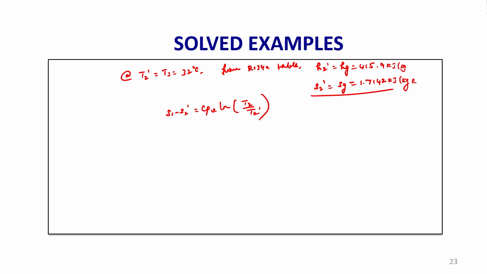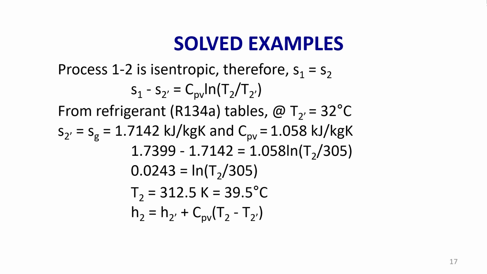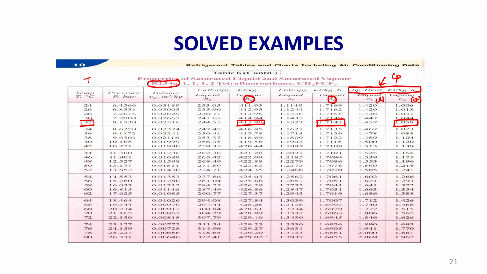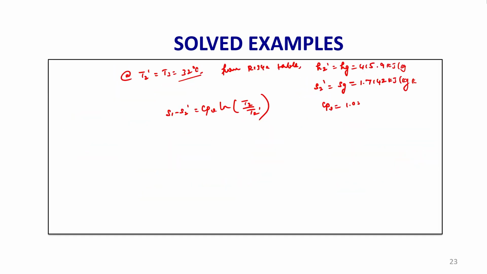So corresponding to 32 only, I am taking these values: H2 dash that is equal to Hg, and S2 dash I will be using later, because my aim is to find out the temperature at 2. Cp of vapor is 1.058 kilojoule per kg Kelvin.